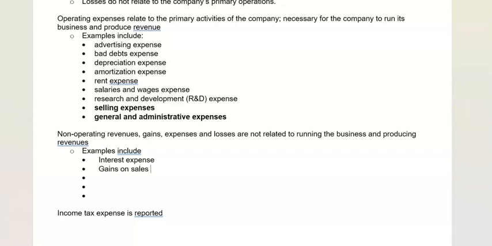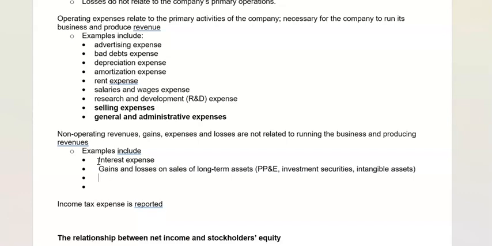Gains on sales of long-term assets, such as plant, property, and equipment, investment securities, intangible assets. Losses on sales of long-term assets. Let's put gains and losses on sales of long-term assets.